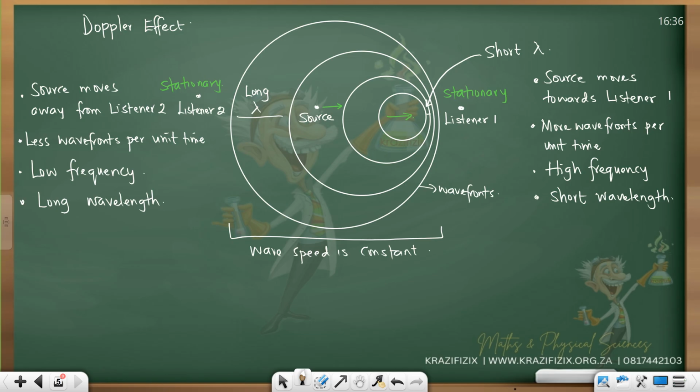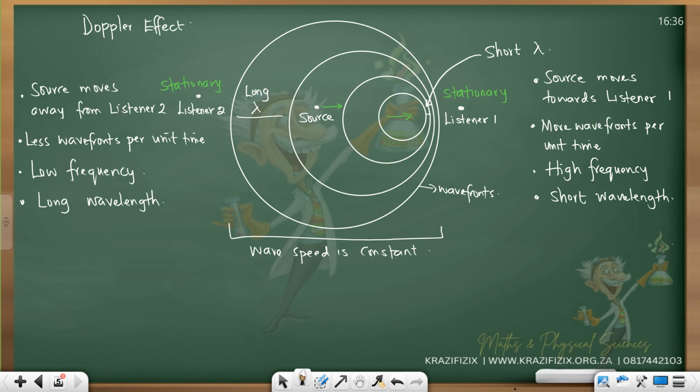More wavefronts. Hence a higher frequency. Guys, please listen. We are not saying the sound is louder. We are saying the frequency is higher. Sound is only loud when the amplitude changes. We are not talking about amplitude here at all. So sound is not louder.